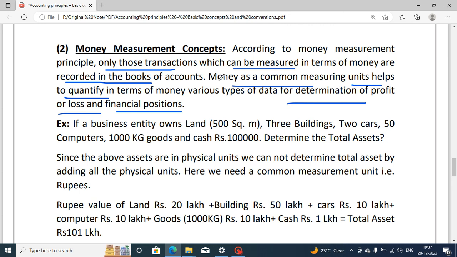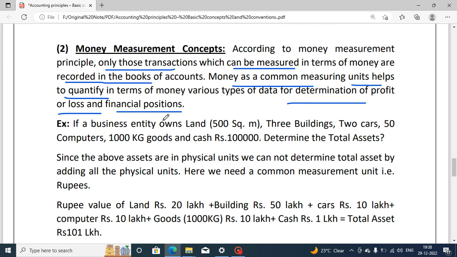These are physical units of measure, and they are diverse in nature. So we have to maintain a common unit of measure so that we can present our transactions, we can add them, and we can present them easily.